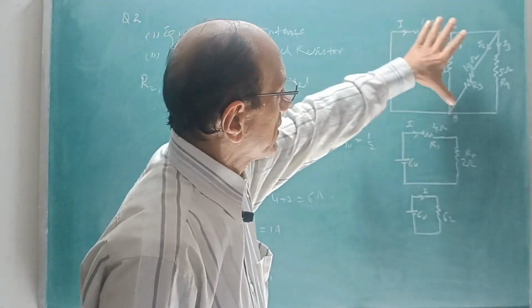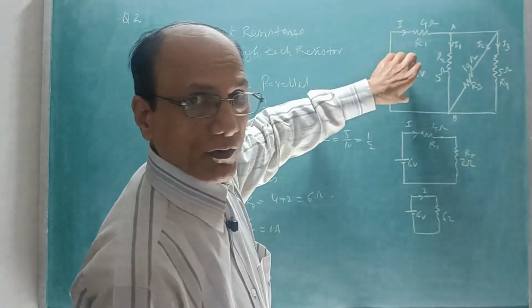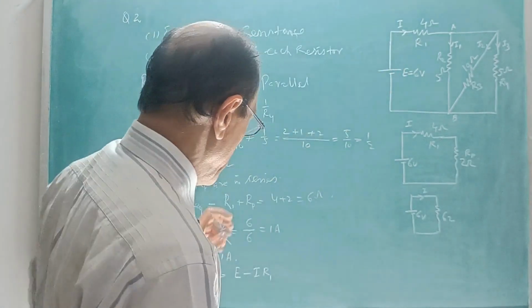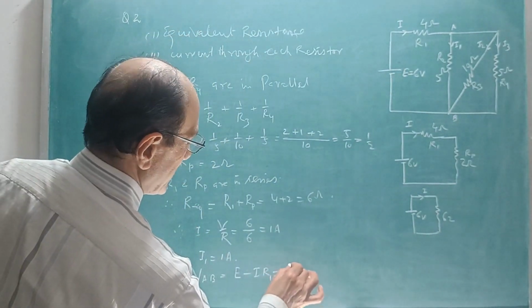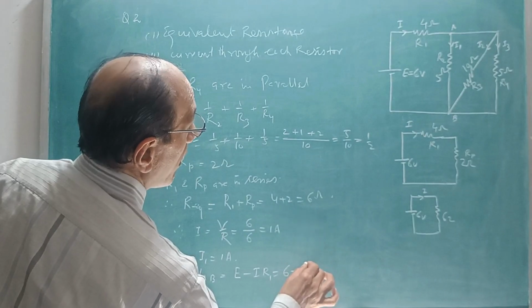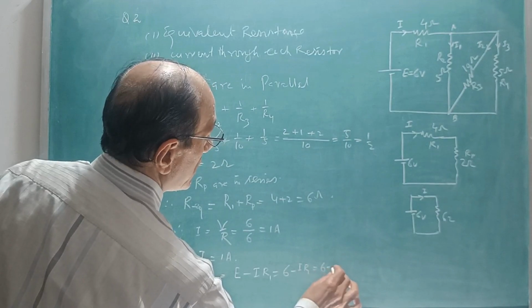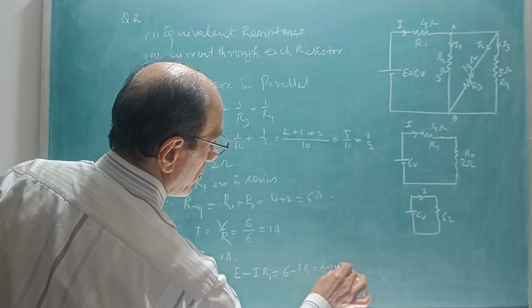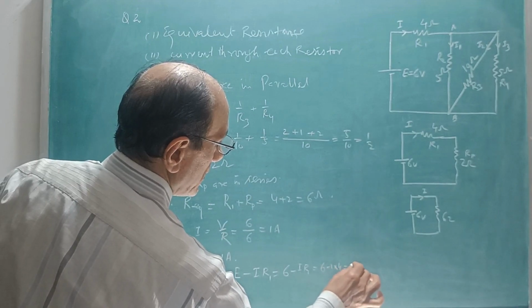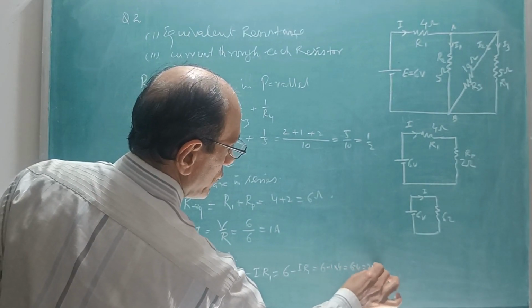Whatever voltage is here plus this voltage will be equal to the net voltage. So it will be 6 minus IR1, that is 6 minus 1 into 4, that is 6 minus 4, that is equal to 2 volt.